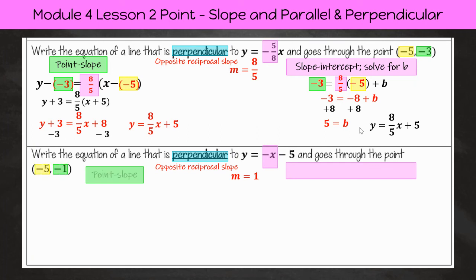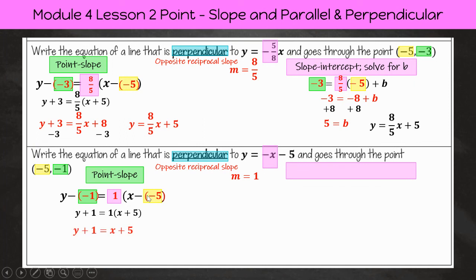So if you decided to use the point slope form, you would plug in your -1 for your y, your 1 for your slope, and your -5 for your x. And then I went ahead and simplified that. Again, because I had a double negative, I get y plus 1 is equal to 1 multiplied by x plus 5 because I had a double negative. Once I simplified that, I got y is equal to x plus 4.